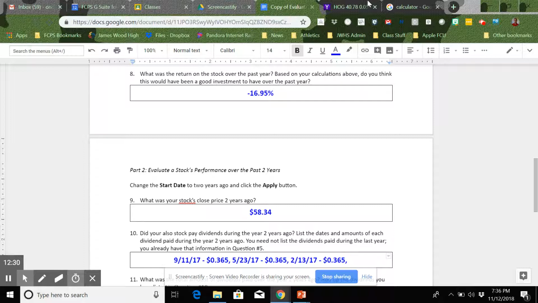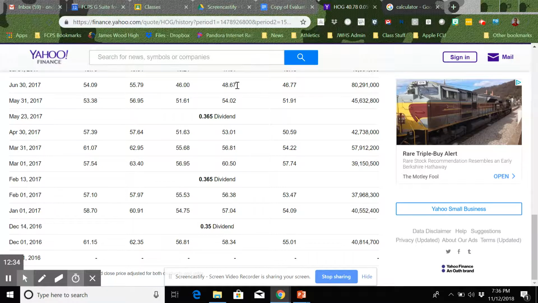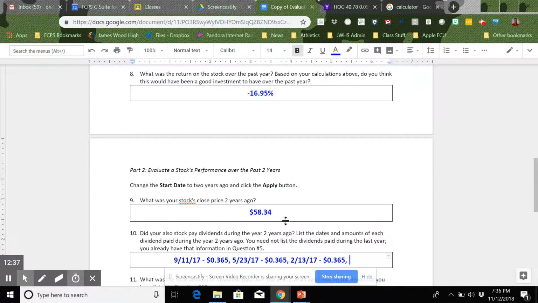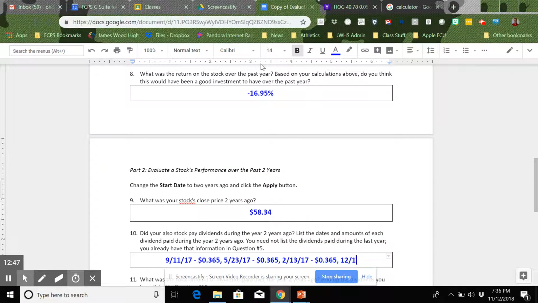And then lastly, the one from December 2 years ago, only 35 cents. So their dividends have gotten better, but their stock price has not. So this would be 12, what was the date again? 1/12/17, and that was for 35 cents.